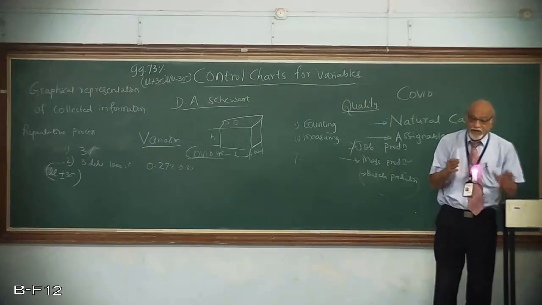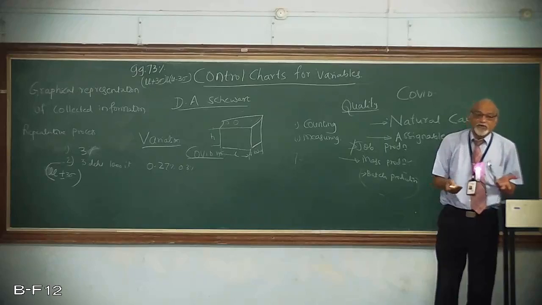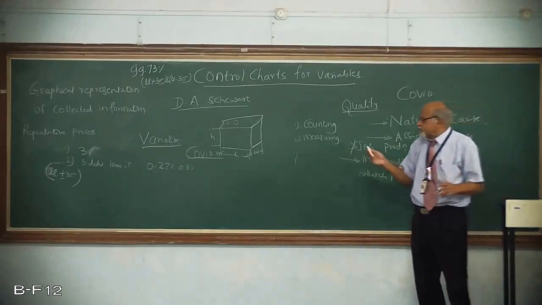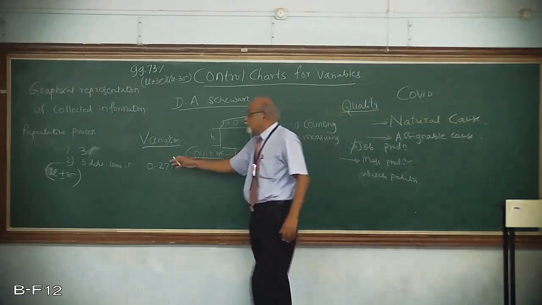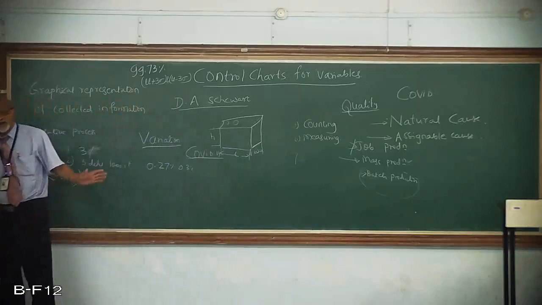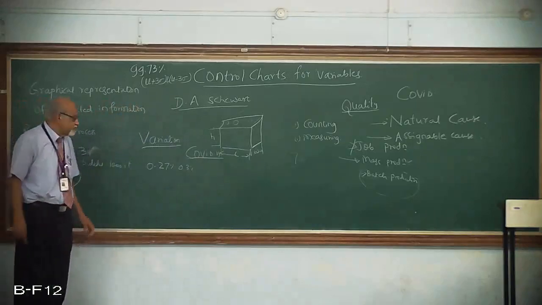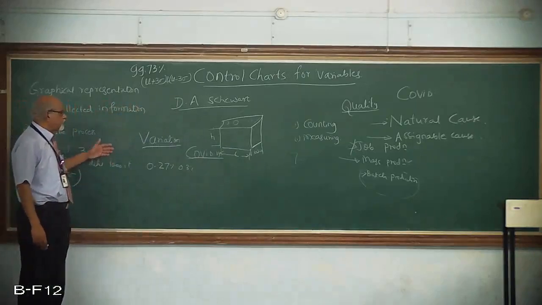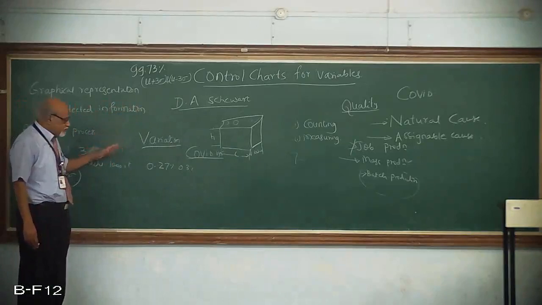That means they are good. Outside this is 100% minus 99.73%, which is 0.27%. Try to understand this. If somebody is manufacturing only 3 defective castings out of 1,000, then it is good.